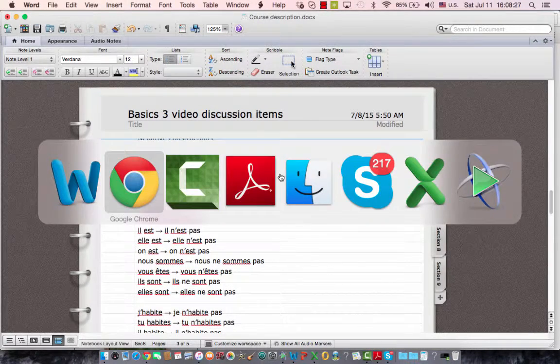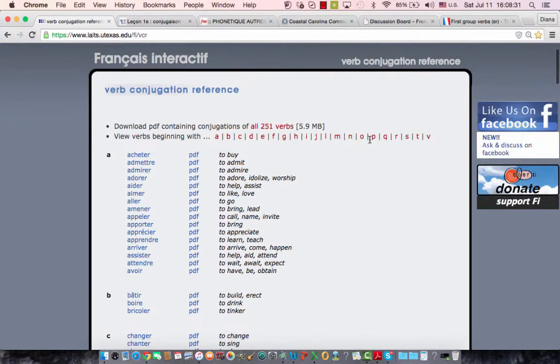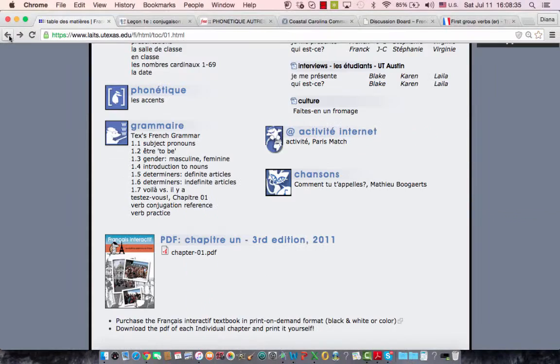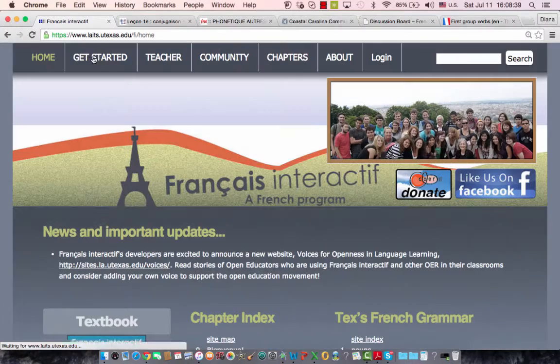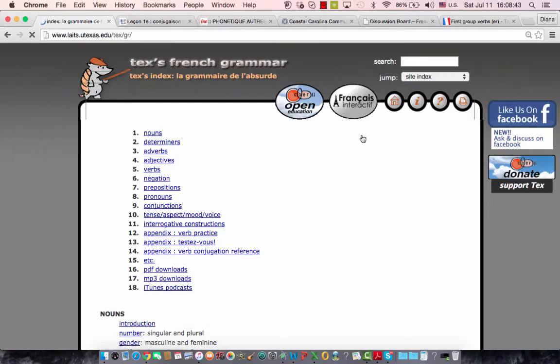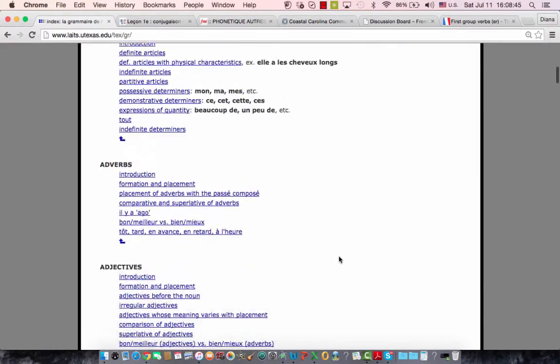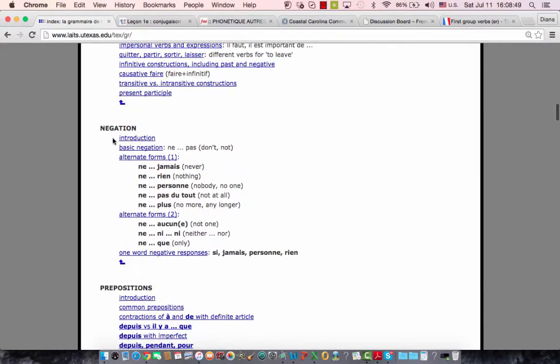You can also check the negative form of the verbs from the Français interactive page. As we're saying, you can go on the home web page under the site index, and we can look for the negative. Voyons. Et voilà. Négation, the negative.